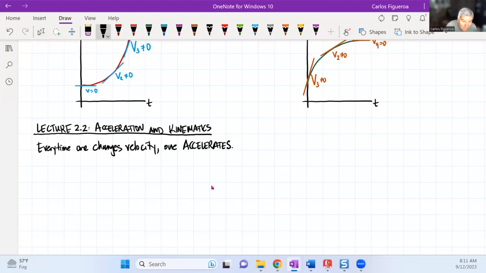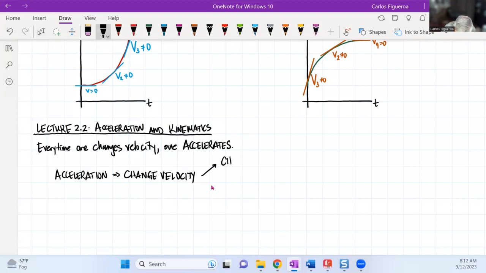So here we go. So what we say here is that when we look at acceleration, that implies that we change velocity. And as we already said, there are two ways to change velocity.